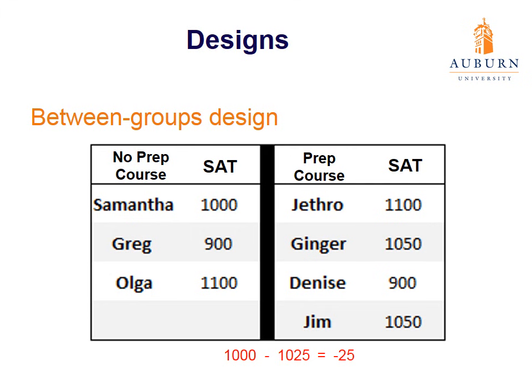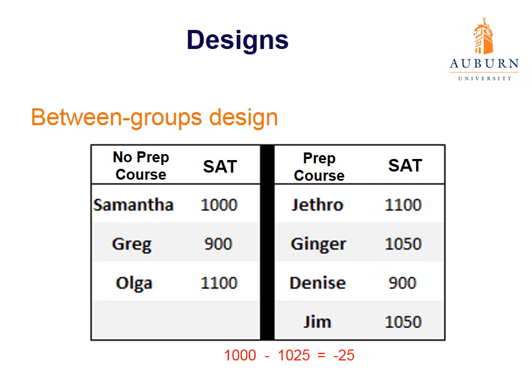So we can take the means of our two groups, where one is the no prep course condition and the other is the prep course condition, and we can subtract them from each other. So we'll take 1,000 and subtract 1,025, and we get a difference between the means in our samples of negative 25. What that's saying is that in the no prep course condition, the SAT scores are 25 points lower than in the prep course condition.